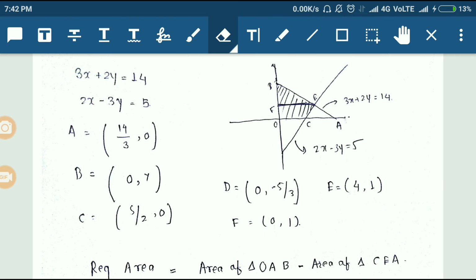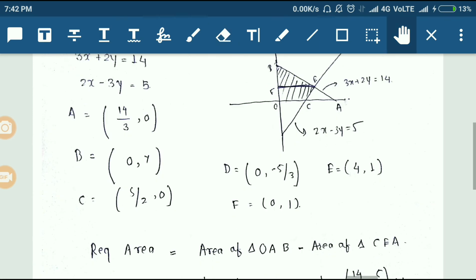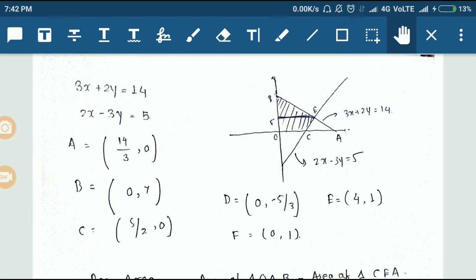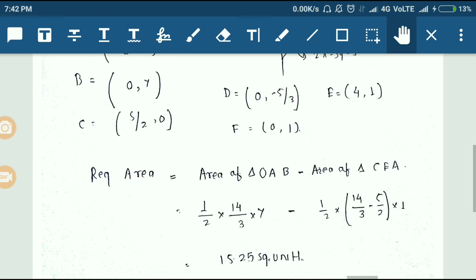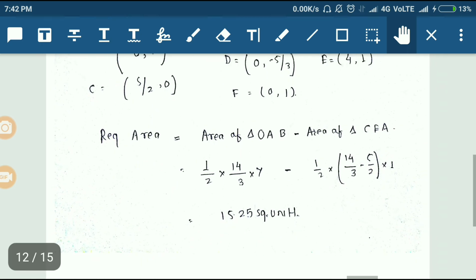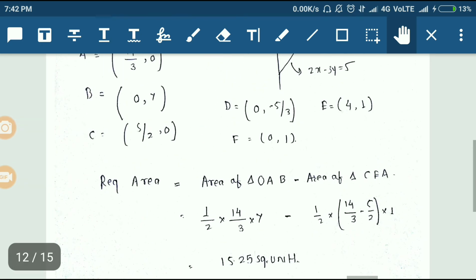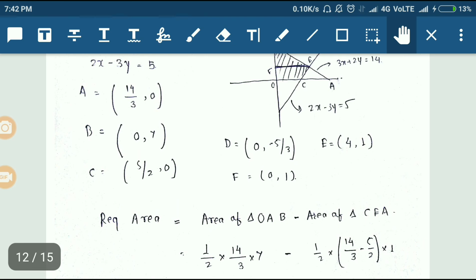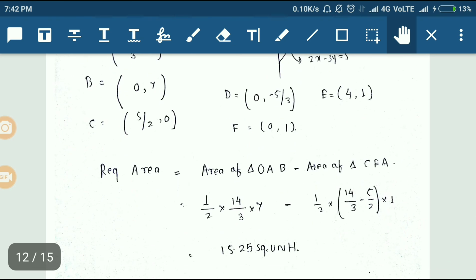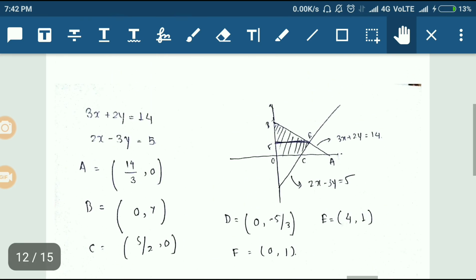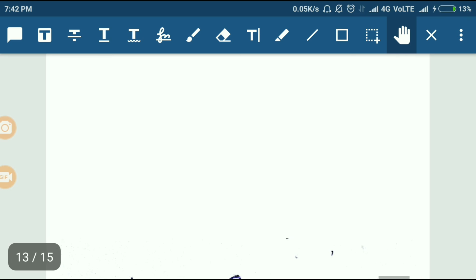Then since we have the coordinates of all the triangles over here, we can easily find the area of triangle OAB and CA, using the formula for the area of a triangle, half base times height, and that comes to be 15.25.